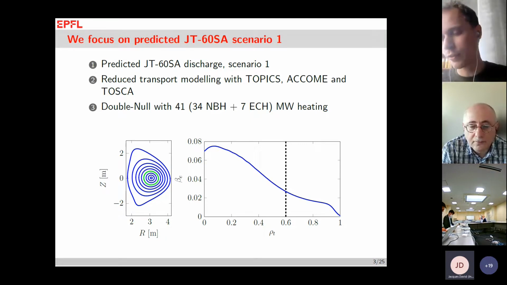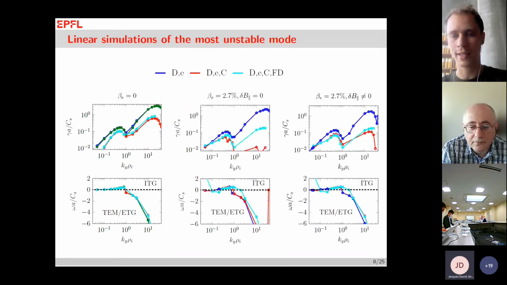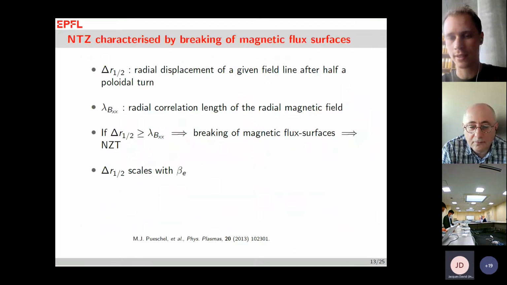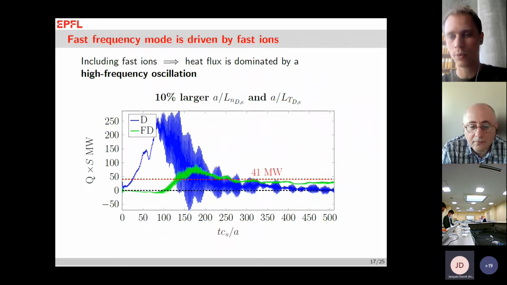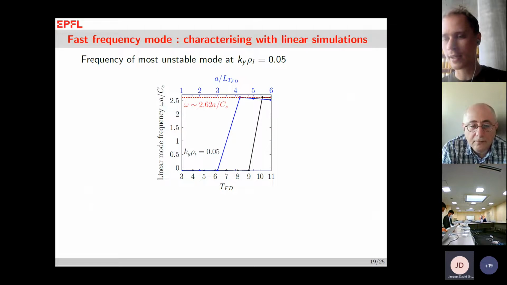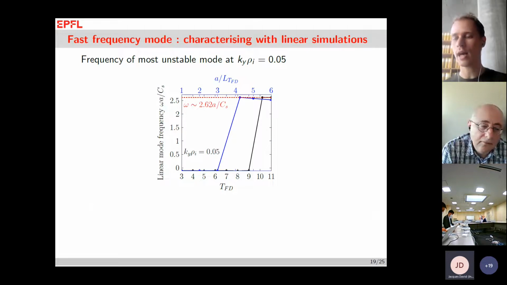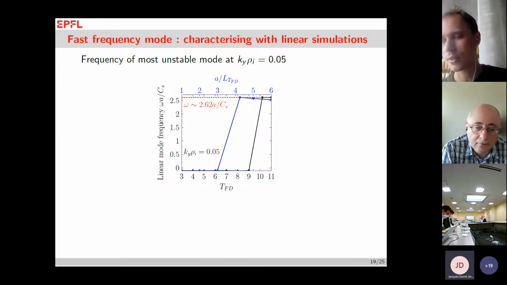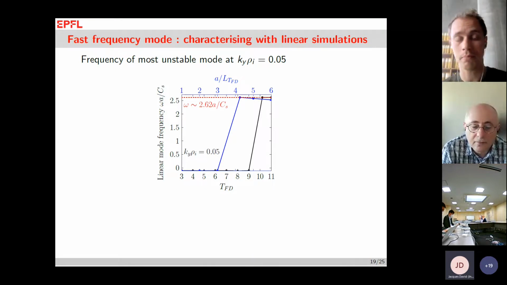But as you see, if we simply take that, we get this resonance. So it's clear that we somehow have to change that, and this is what we then did later on with the linear simulations. We did a scan in the fast ion parameters, and then we did a similar scan in the nonlinear simulations to see how we actually remove this mode. Because if the mode is there, we cannot really simulate anything, but we have to remove it in order to get something where it's possible to draw any conclusions on what the transport or the heat flux actually is.